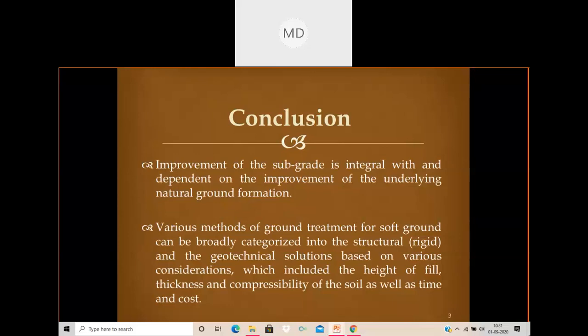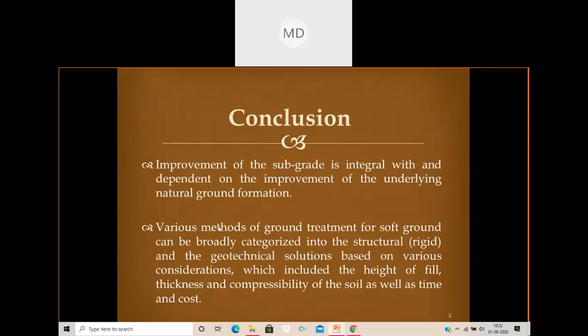Rather, we can go for structural solutions, like we can construct stone columns, or we can construct viaducts or piled embankments over that, so as to avoid that part of the ground, if possible.